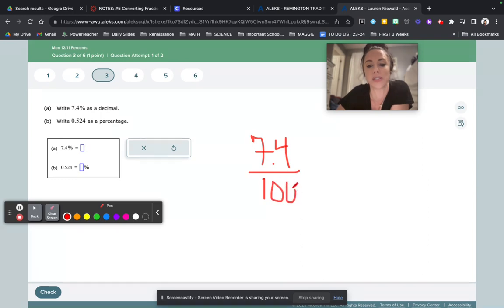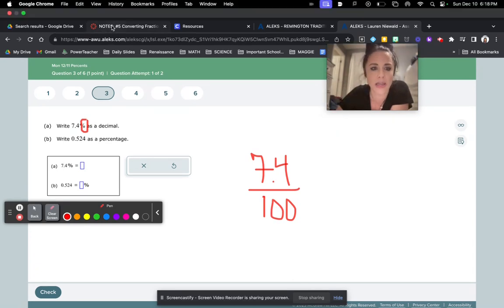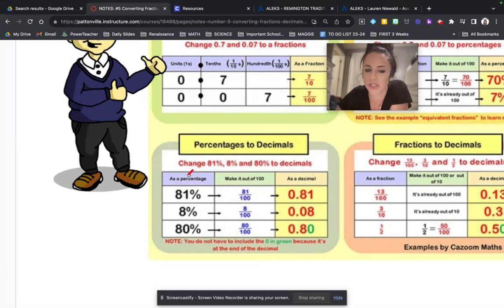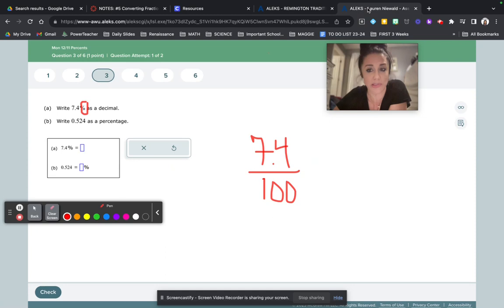So as soon as you see those little percent signs, you can reshuffle them around and know that it needs to be out of 100 on the bottom. And then what does it tell you to do? As soon as you make it out of 100, then you should be able to write it as a decimal. So this is if it's 81 out of 100, or 8 out of 100, or 80 out of 100. So let's see what this says.